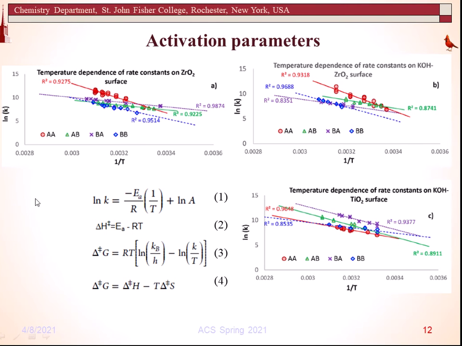From the temperature dependence of the rate constant in coordinates ln k versus 1 over T, the activation energy and the enthalpy, free energy and entropy of activation have been calculated.